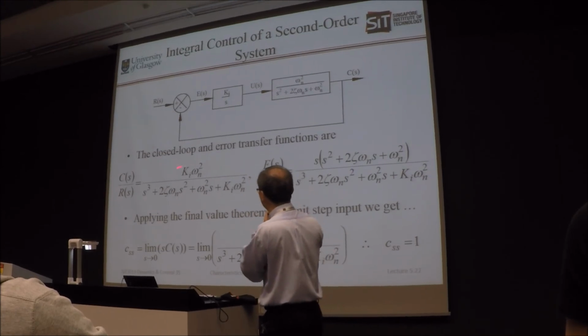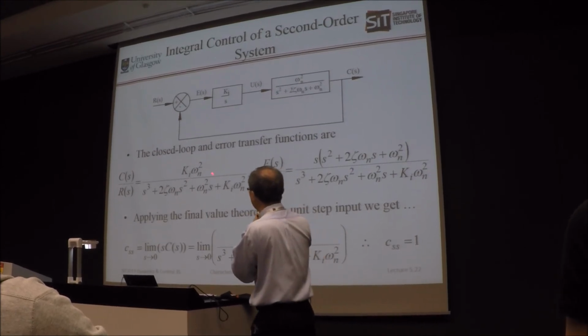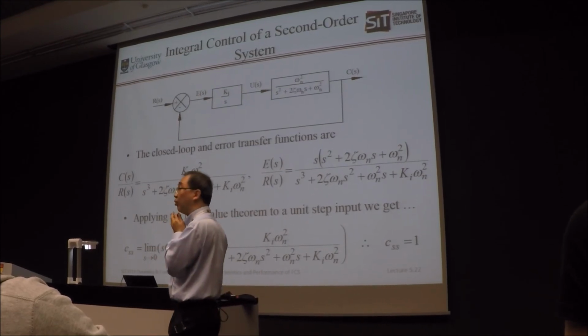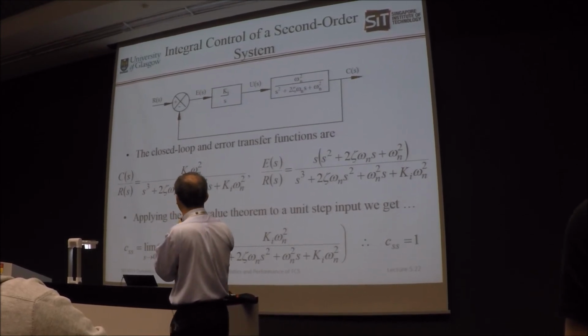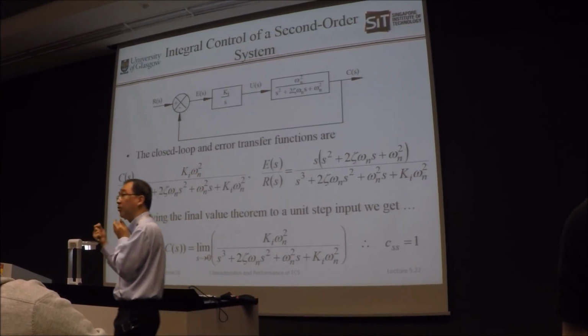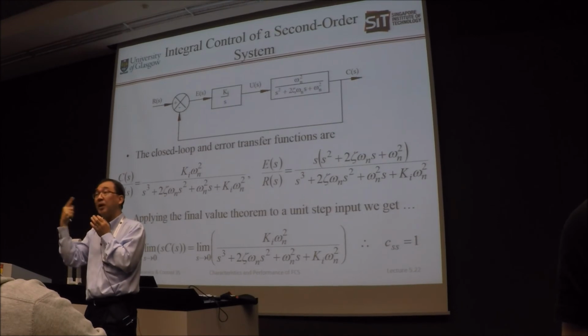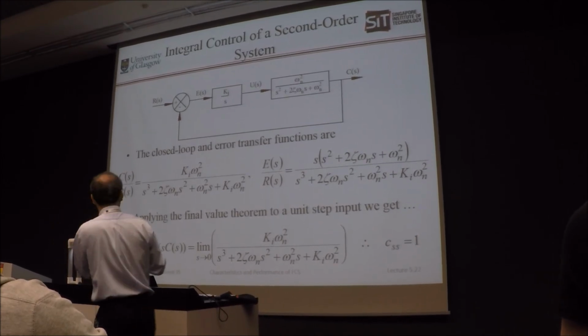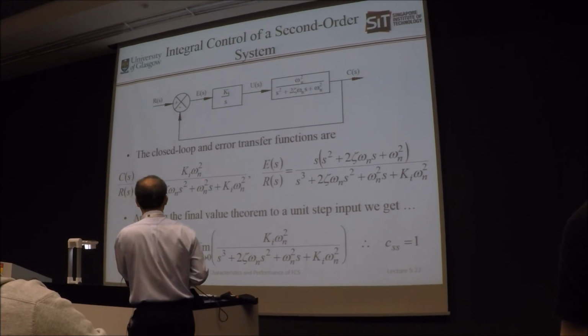So this is your closed loop transfer function. If you take a look now with your integral control, what is the DC gain of this system? The DC gain is Ki omega n squared divided by Ki omega n squared, equal to 1. That's what we have promised: integral control action eliminates steady state error. So you will not see any steady state error.